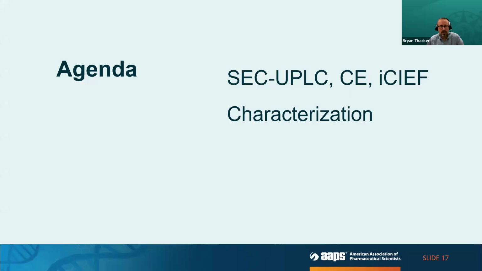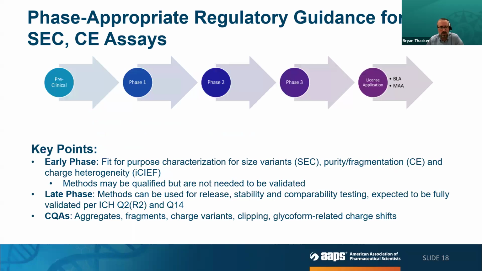Okay, let's go on to some orthogonal separation methods that we can use to further characterize the ADC product. So I'm just going to touch briefly on some capabilities that we have. First, again, we'll look at some regulatory guidance. As with the LCMS approaches, early phase approaches for these separation chemistries are fit for purpose.